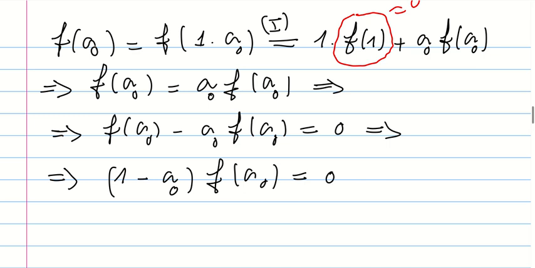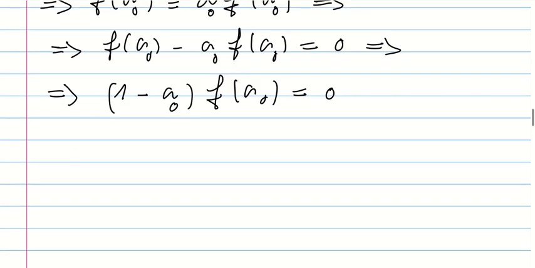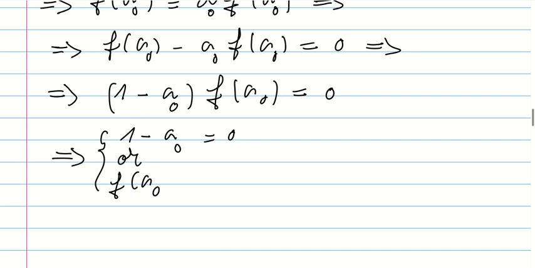And this leads us to two cases. The first case is that 1 minus a 0 equals 0, or the second, f of a 0 equals 0. We have case 1 and case 2.